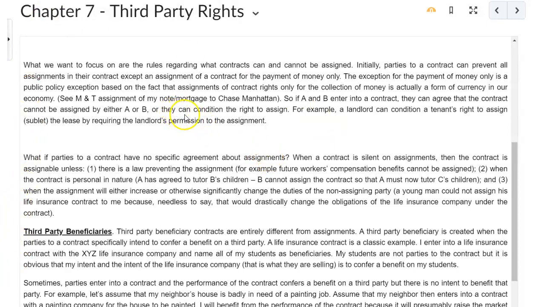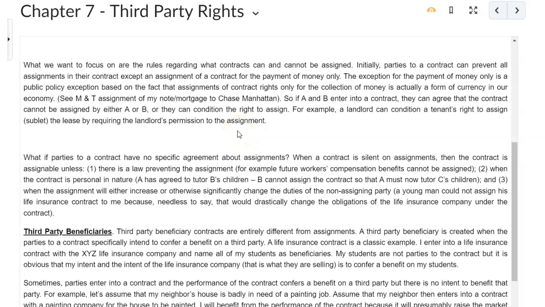The other point I make in this paragraph is that parties could also condition the right to assign. So, for example, a landlord entering into a 2-year lease with someone could condition the tenant's right to assign the lease by requiring the landlord's permission to the assignment.